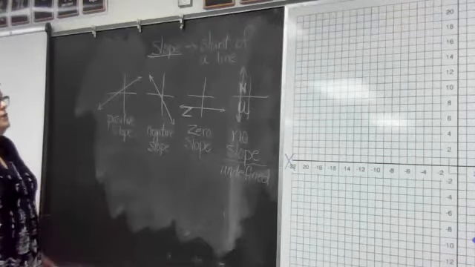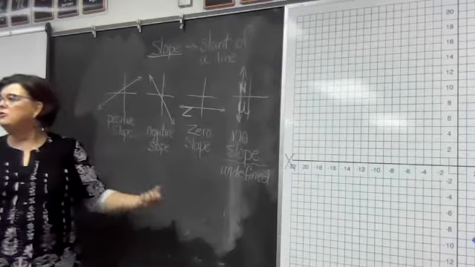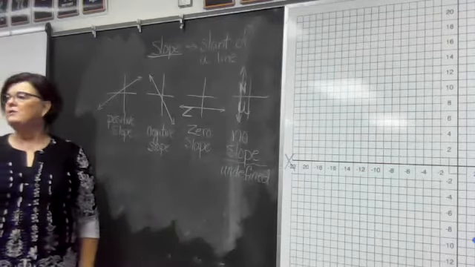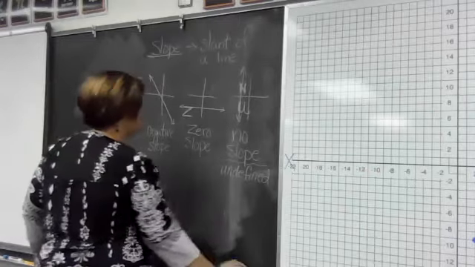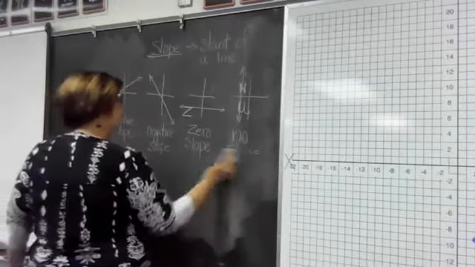Now you'll have some questions that show you a graph and ask what kind of slope this is? And you just have to say positive, negative, zero, or undefined.